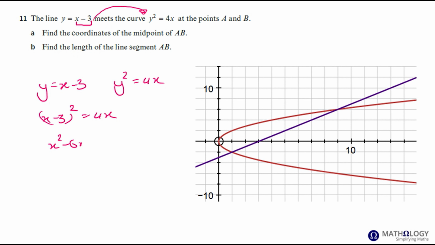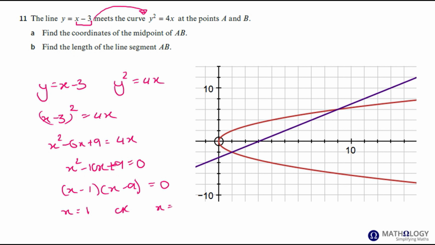X squared minus 6x plus 9 equals 4x. X squared minus 10x plus 9 equals 0. Factorizes as x minus 1 times x minus 9. So x equals 1 or x equals 9.